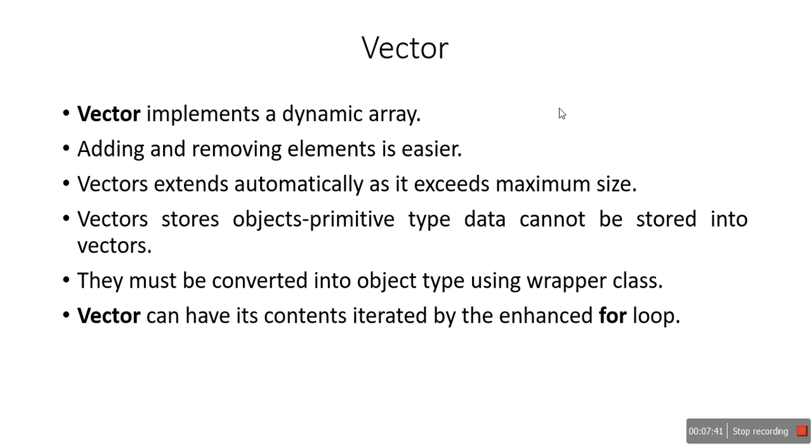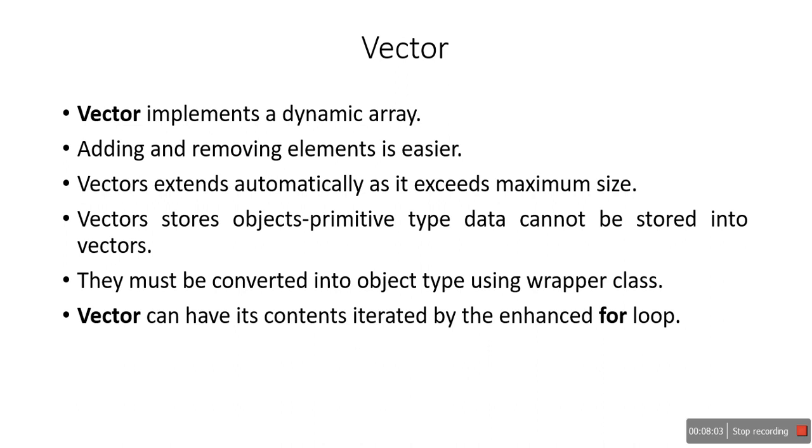Just remember, a vector is similar to an array, but the only difference is that the vector implements a dynamic array. It means the vector class is used to create a dynamic array. Another feature of a vector is that adding and removing elements is easier, because we have some standard methods within the vector class.